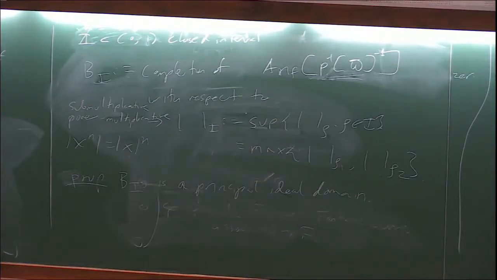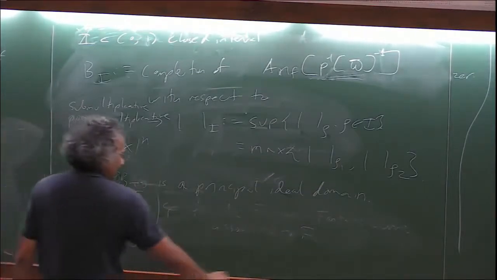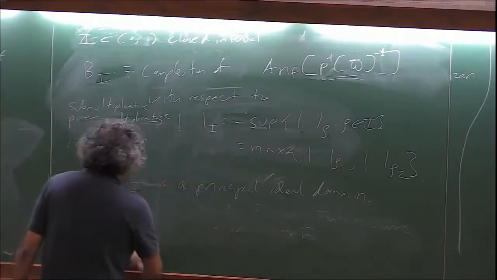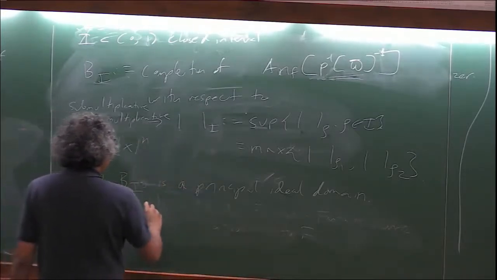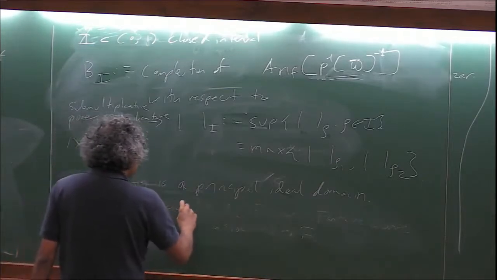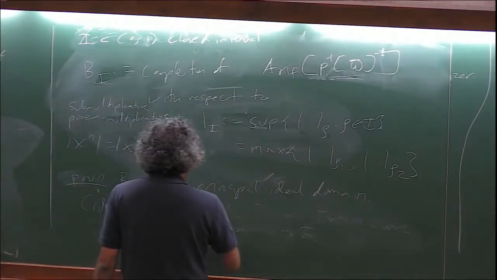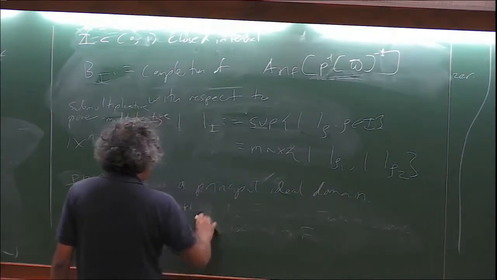I don't want to say too much about the proof of this, but the idea of the proof is you use the associated graded ring. When you have a ring with a norm, you can define an associated graded ring.